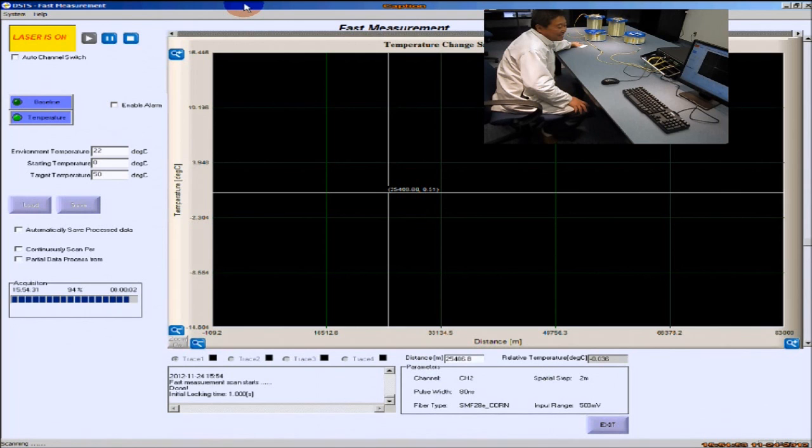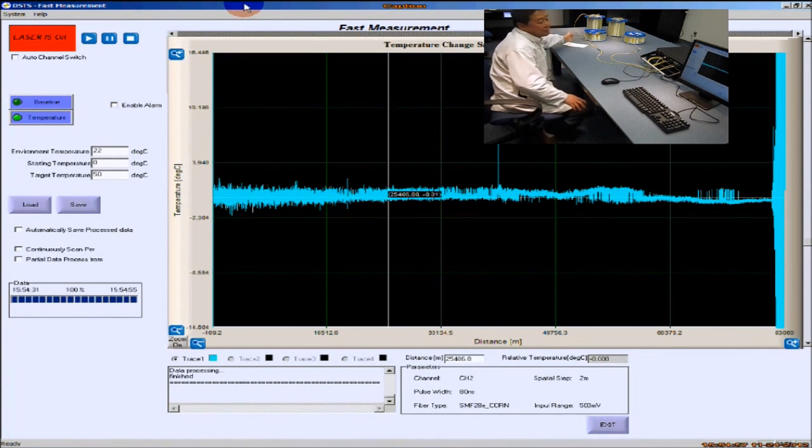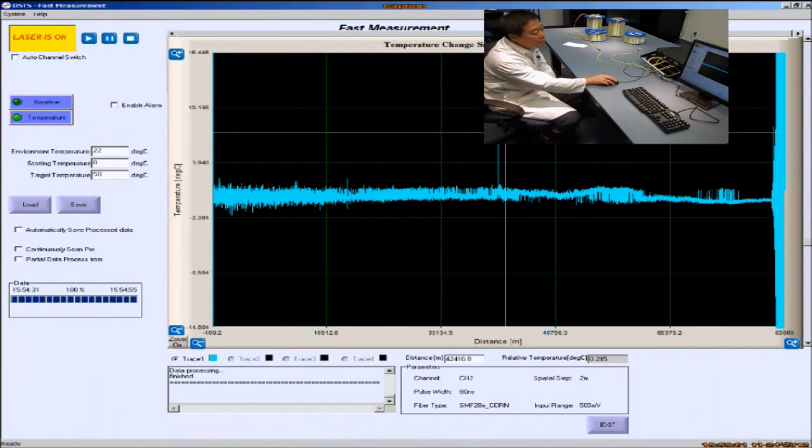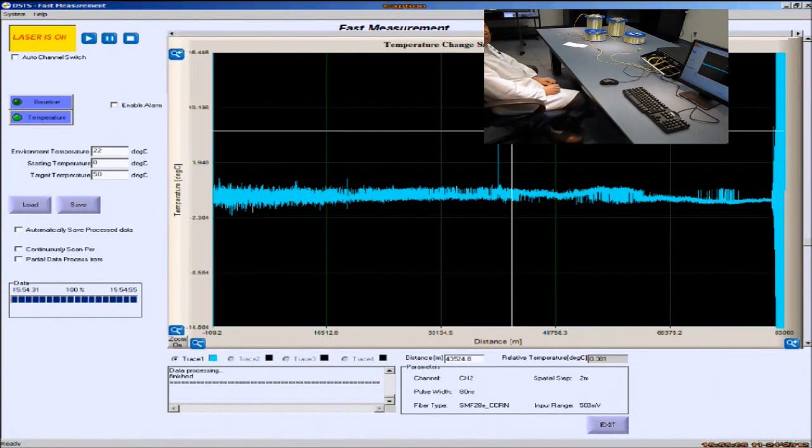So this is much faster. And there you can see clearly the change in temperature occurring at the point where we are heating with our hand, well above the noise floor. So this just illustrates just how fast you can make measurements even over 80 kilometers of fiber and get good results.